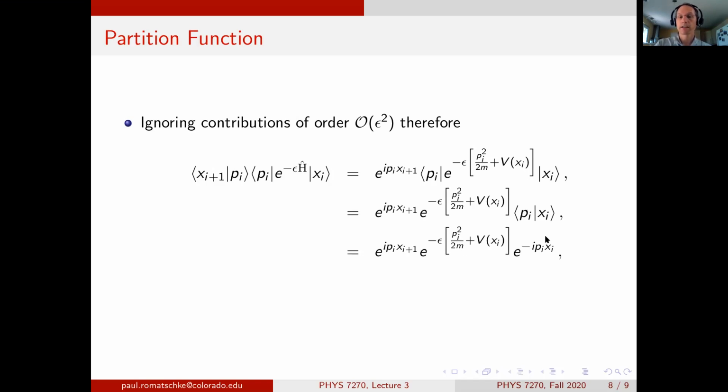So by, again, expressing this as e to the minus i p_i x_i, we end up with the following form for the matrix element, written as e to the minus epsilon times (p_i squared over 2m plus V of x_i) minus p_i times (x_{i+1} minus x_i), where this difference comes from the fact that on one side the x has label i, but on the other side the x has label i plus 1. So that accounts for this difference. And note that I've pulled out the epsilon, so there's an epsilon now in the denominator for this expression.